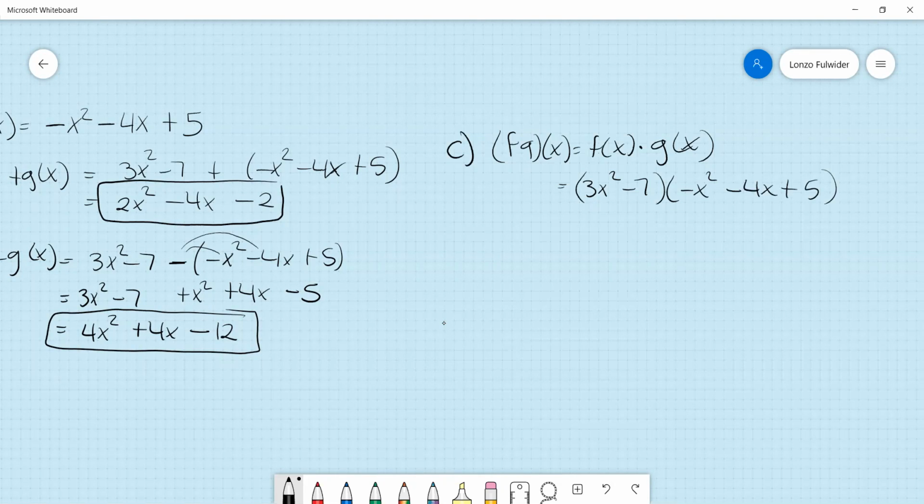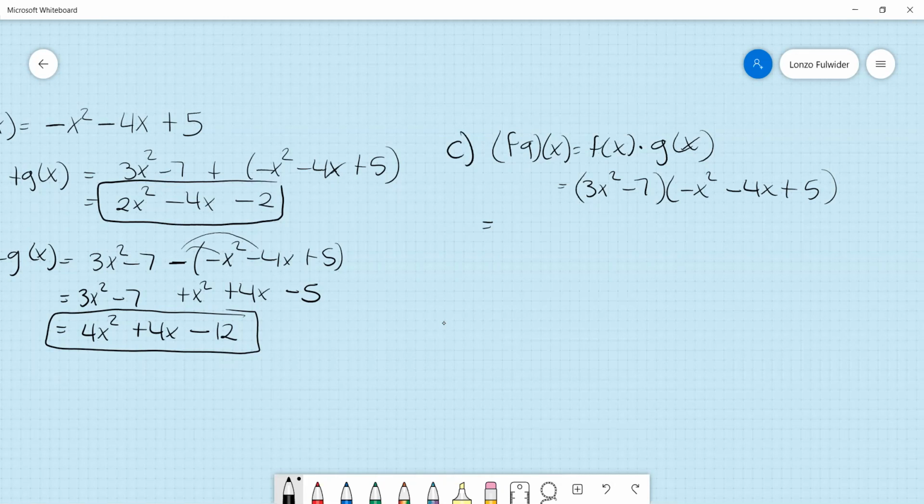Now, I know you know how to FOIL, so what I'm going to do is FOIL this, this, this, and then the -7 with this, this, this. I'm just going to show you the work, because you should know how to FOIL things.